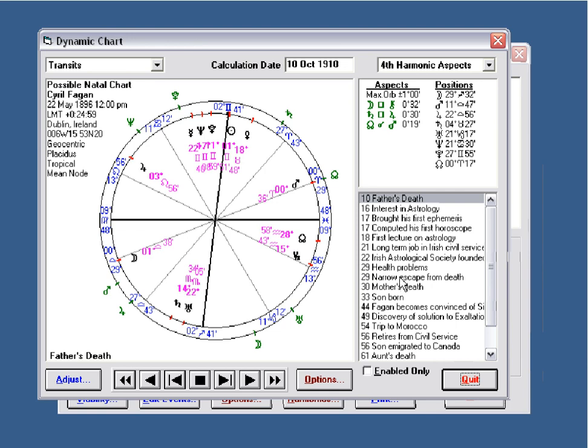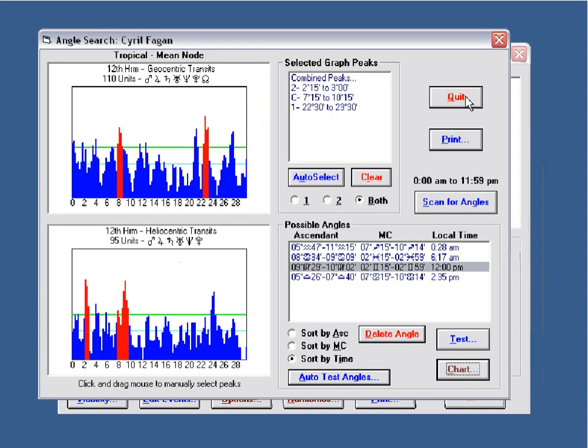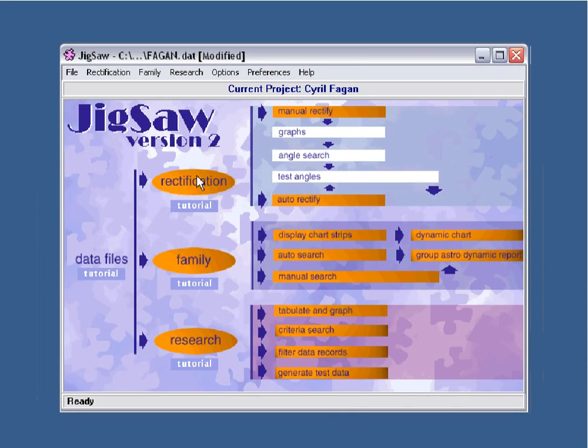The whole idea is that Jigsaw's rectification module is a set of amazing tools that enable you to engage your astrological mind and test a set of angles through various options, and to do it in a way that Jigsaw does all the hack work for you, trying to reduce it down to just a few options so you can then step in as the astrologer and look at houses, look at rulerships, look at the whole layout of the chart and see, is this chart matching the story of this person, and is it being reflective of their life history?